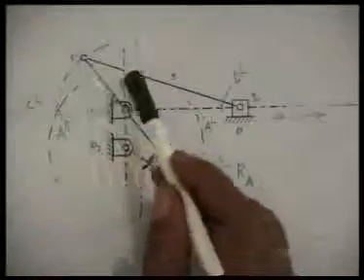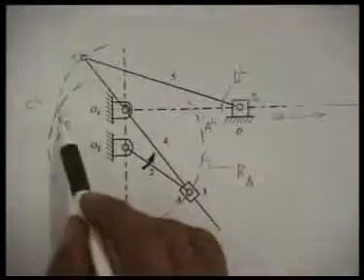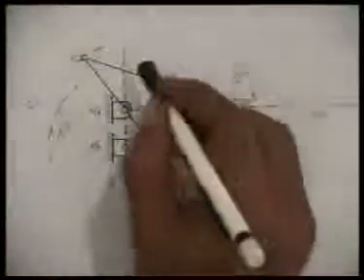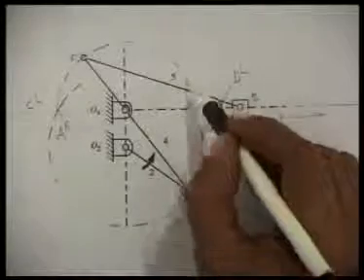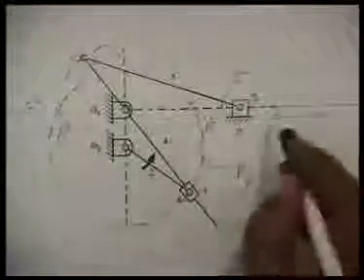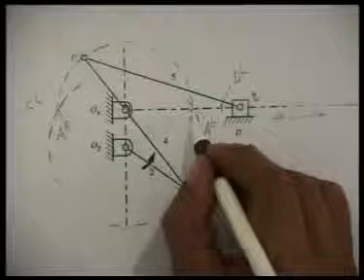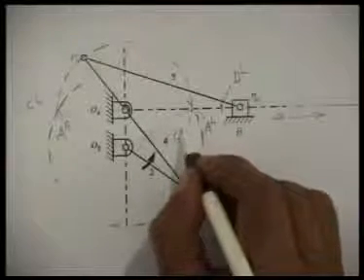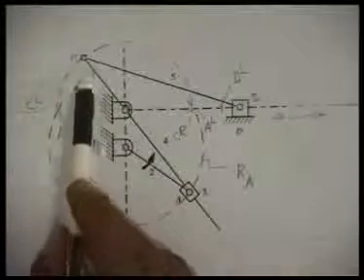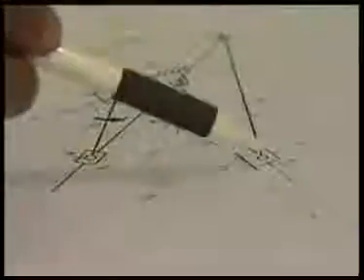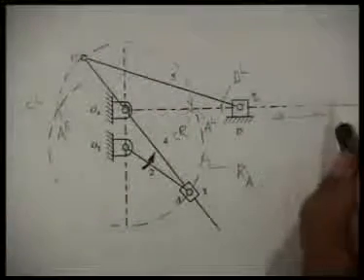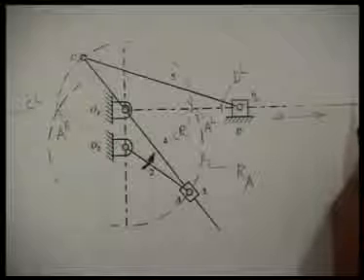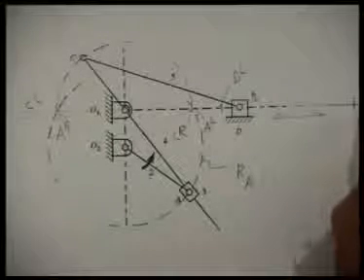Since C is moving on this circle and A, O4 and C must be on one line, if I draw this circle, that is the path of C, when it intersects this line of reciprocation, I will call that intersection CR. Again, the distance CD is unique, so from CR, if I draw an arc with CD as the radius, I get the rightmost position of D, which I call DR.